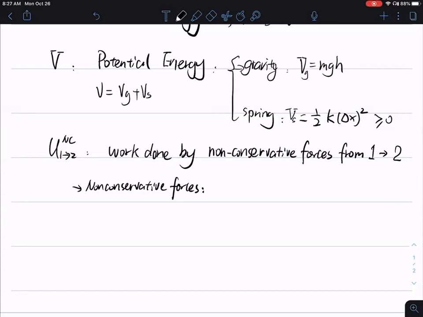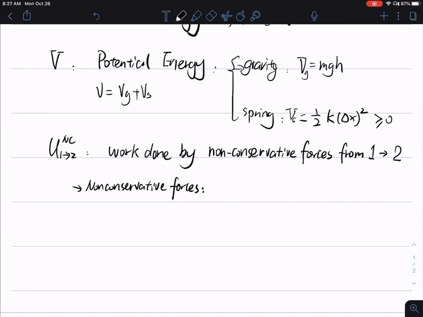So how to calculate work? You have to have a force. What is this other component? Yeah, it has to move. So instead of velocity, we say it's a distance. So you apply a force times the distance it moved, it traveled.